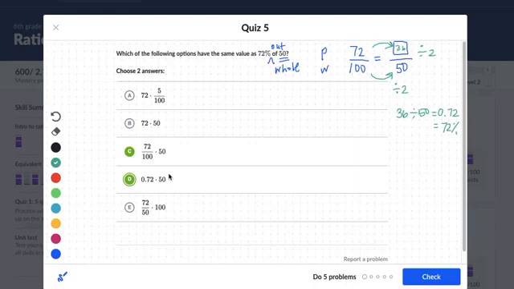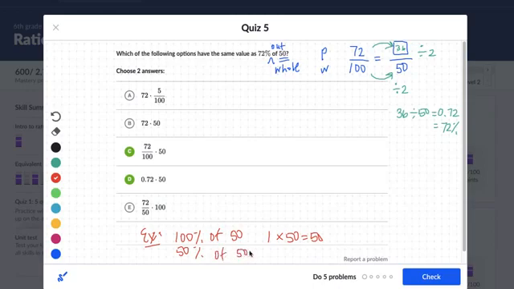Another way you can think about this is I usually like to use 100% as an example. If they ask me, for example, what's 100% of 50, I would do 1 times 50, which is 50, right? So now if they're asking me for 50% of 50, I would change that 50% to a decimal, 0.5 times 50, to get that answer.